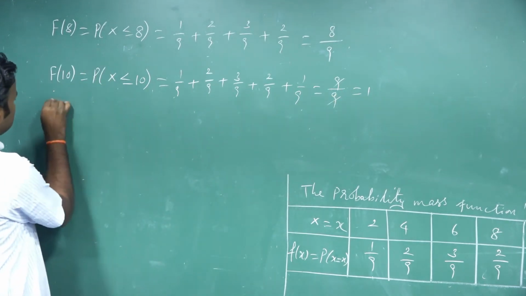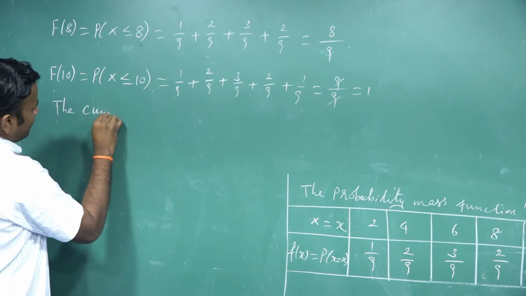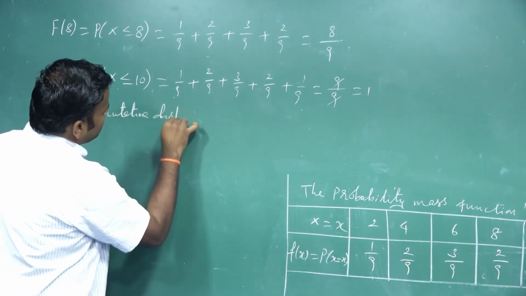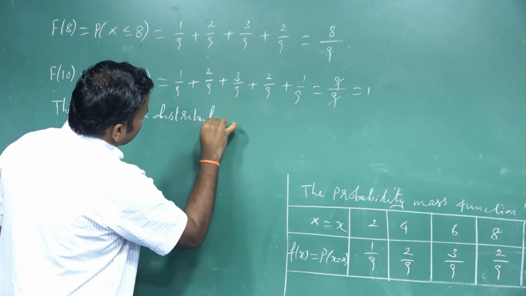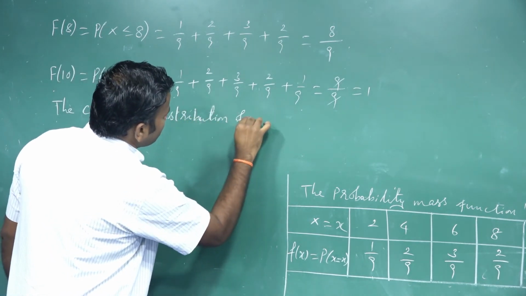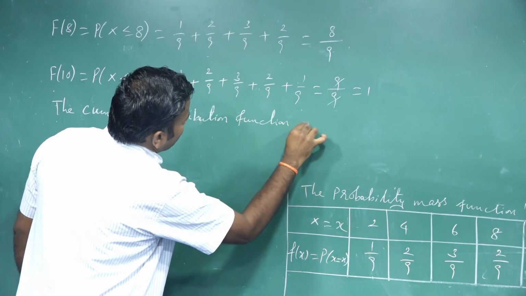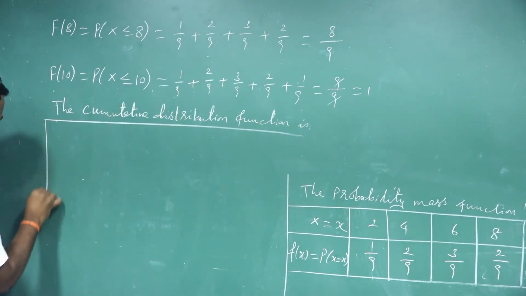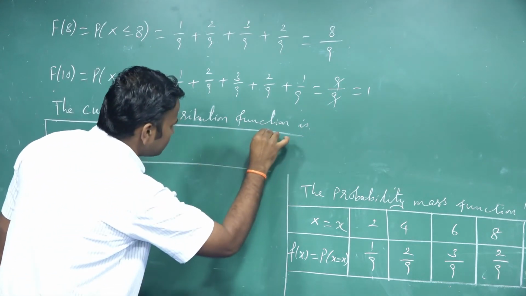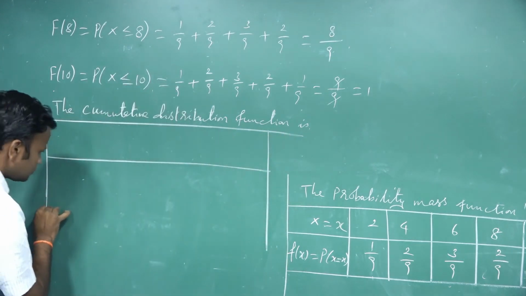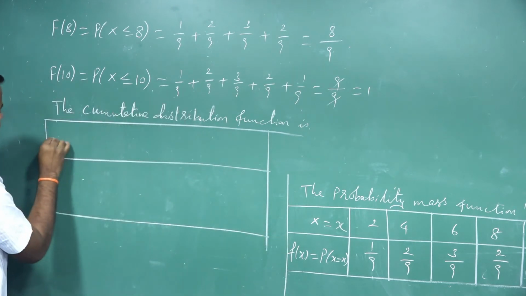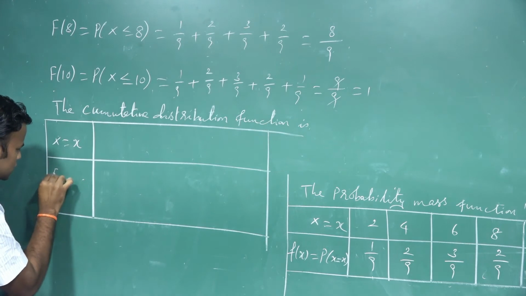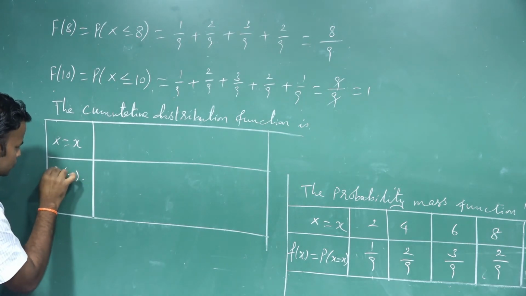Next, we form a table, the cumulative distribution function. Here also, the first row is the random variable values, and the next row is the symbol of the cumulative distribution.